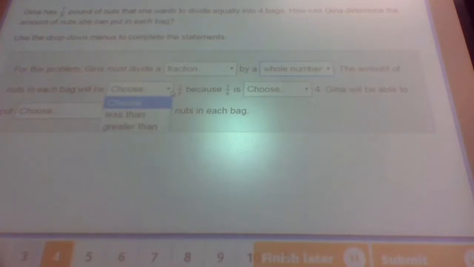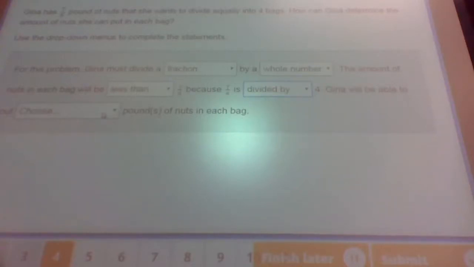All right. The amount of nuts in each bag, would they be less than 7/8 or greater than 7/8? Less. Because 7/8 is a what? Come on, Karen. It's a part. Because 7/8 is divided by 4.